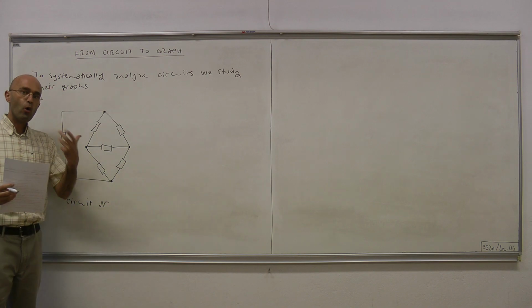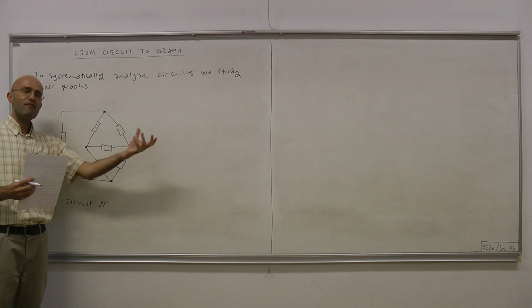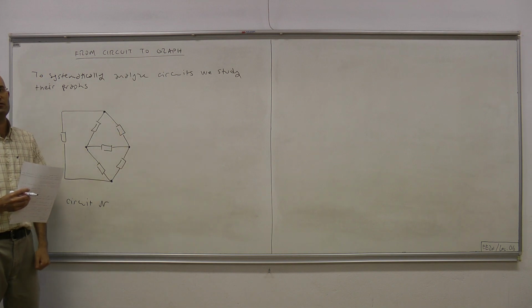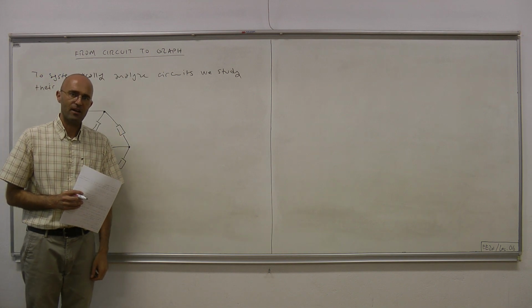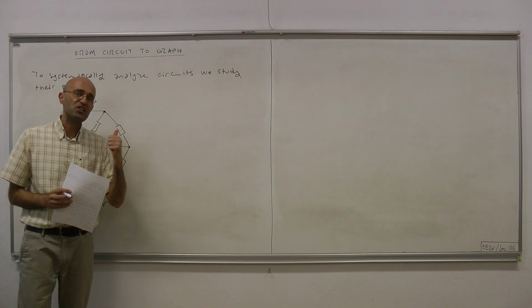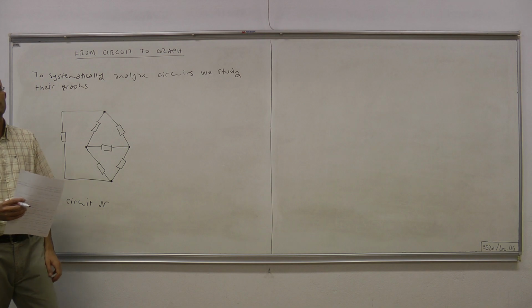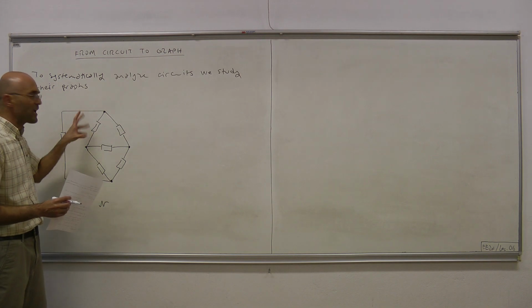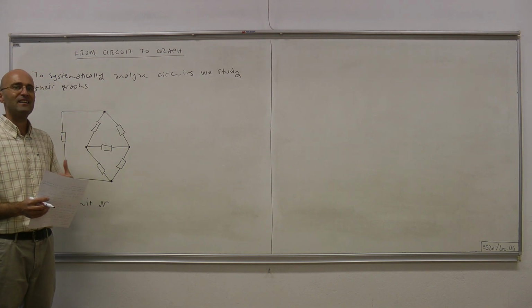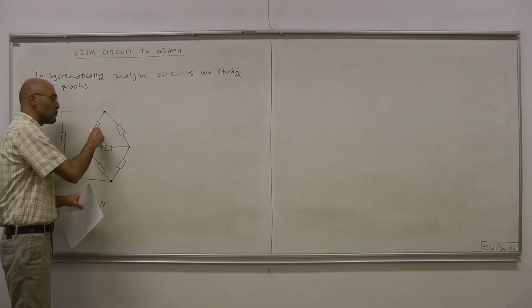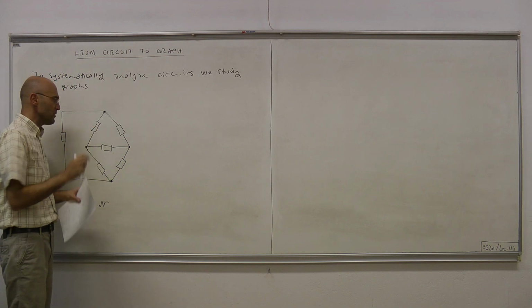Now our goal is, from the circuit we obtain the graph, and from the graph we formulate KCL and KVL. Since KCL and KVL only care about the connections, who is connected to whom, they don't care about the intrinsic properties of the components.